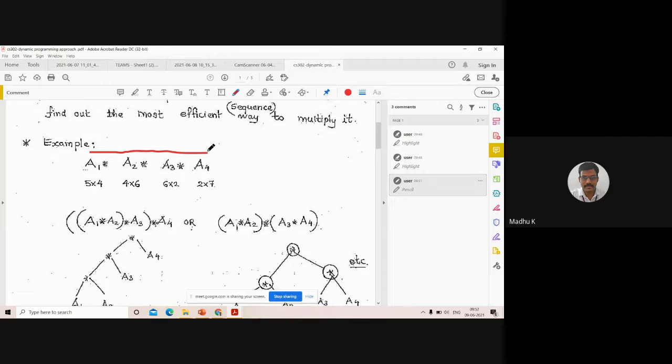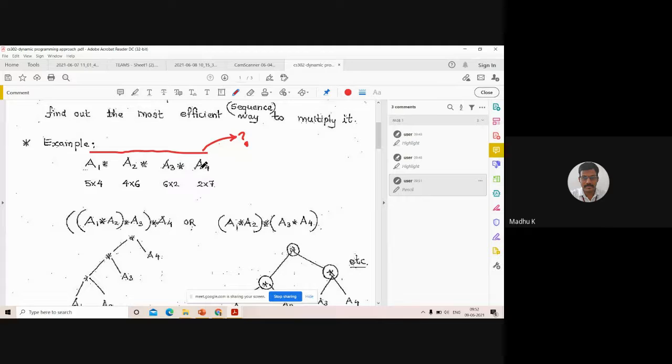But what is the actual problem? The optimization problem is that we should use the minimum number of scalar multiplications.